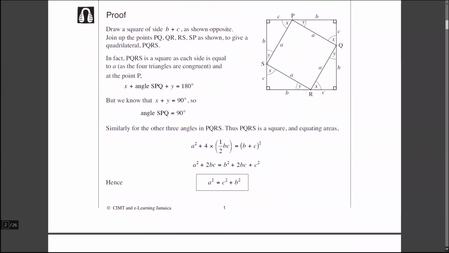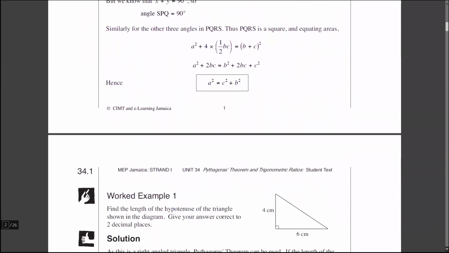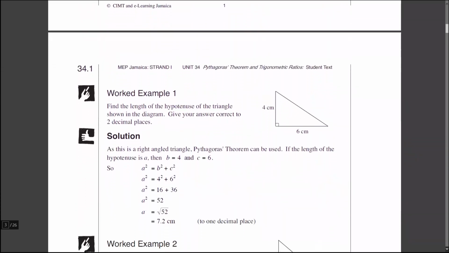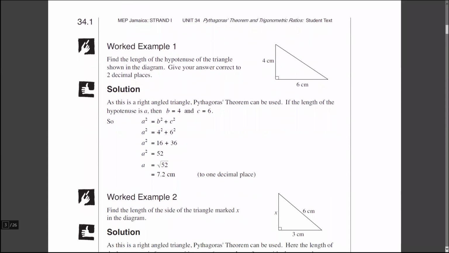All right, so we're not going to look at all of that proof right there. We'll come to an example. Find the length of the hypotenuse of the triangle shown in the diagram. Before we look, the hypotenuse is the longest side in the right angle triangle.